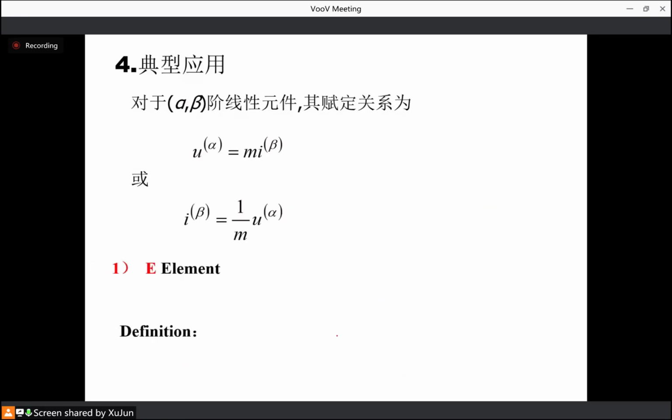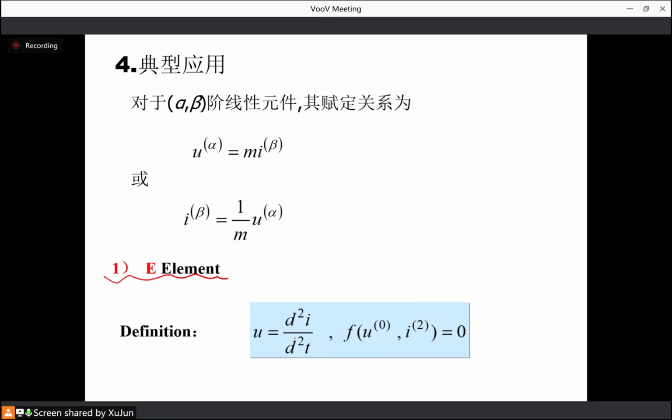Okay, we'll introduce two kinds of high-order component. The first kind is the E element, E component. The definition is that U is a high-order derivative of the current, not only second order. Maybe like this: U equals E multiplied by the n-th order derivative of i with respect to t. So we call this the E element.